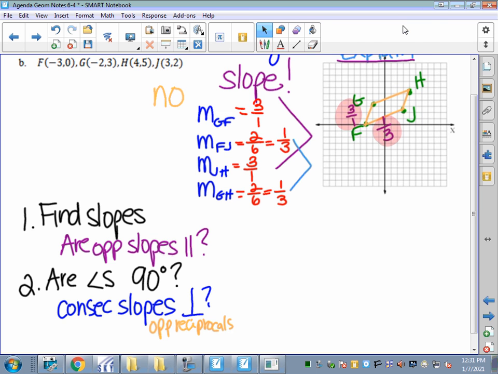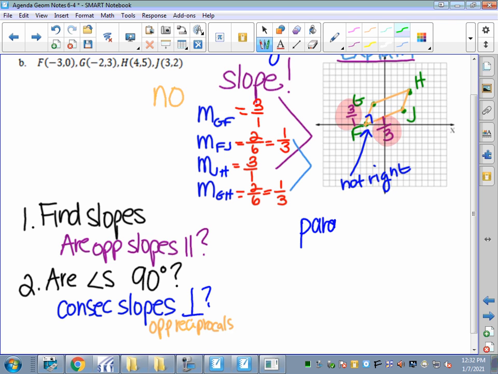You probably can look and see this is not a right angle right here. Not right. 3/1 and 1/3 are reciprocals, but they are not opposite signs. So this is a parallelogram, but not a rectangle.